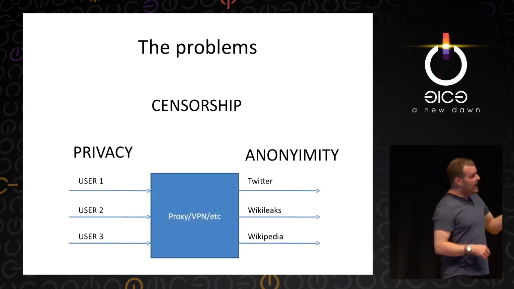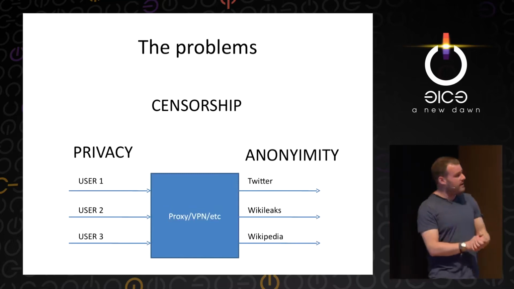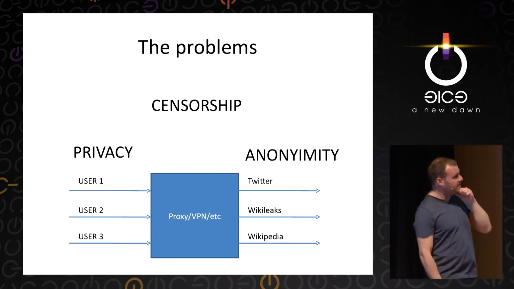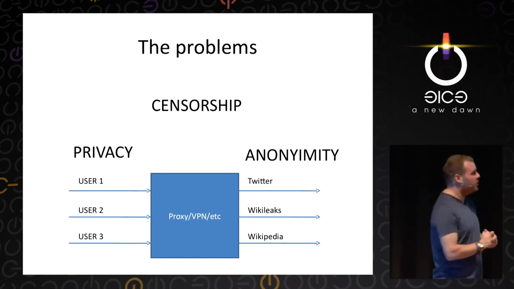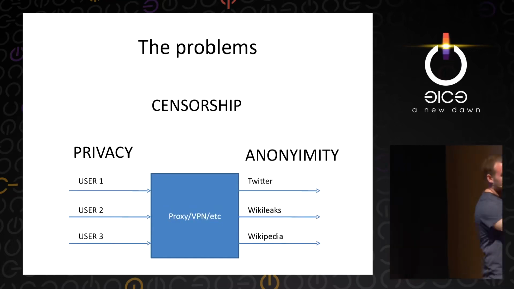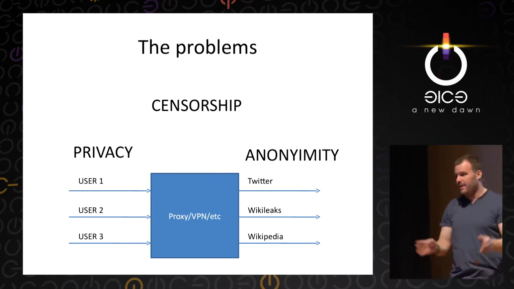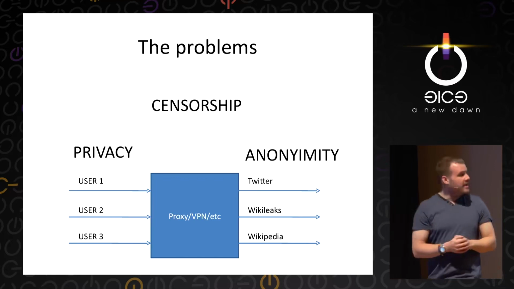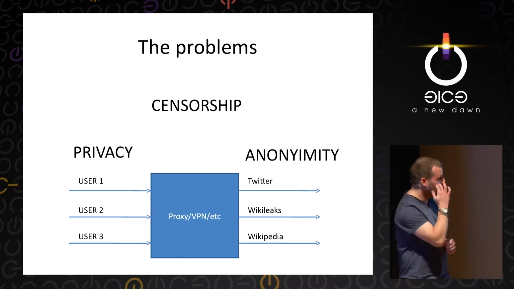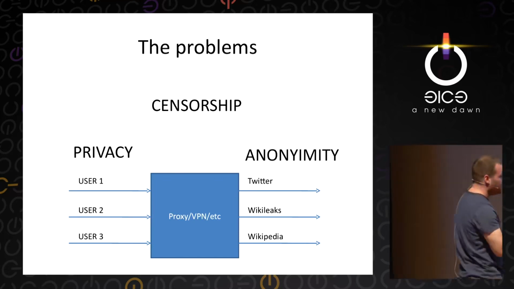With a VPN, you have sort of a single provider. You have lots of users connect into the VPN. The VPN has sort of a mixing effect from an outside observer's point of view, and then out of the VPN you see requests to Twitter, Wikipedia, etc. And if that traffic isn't encrypted, then the VPN can also read the contents of the traffic. Now, of course, there's a fundamental weakness with this.